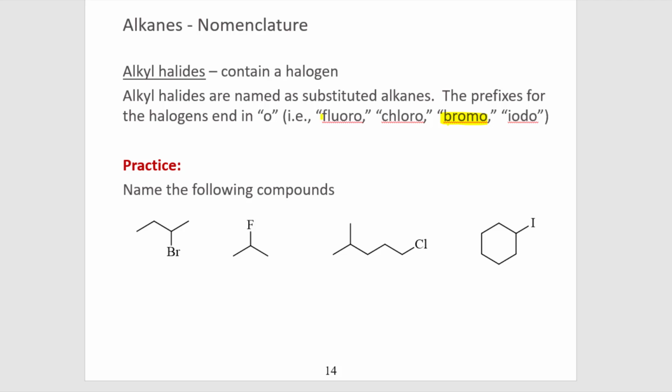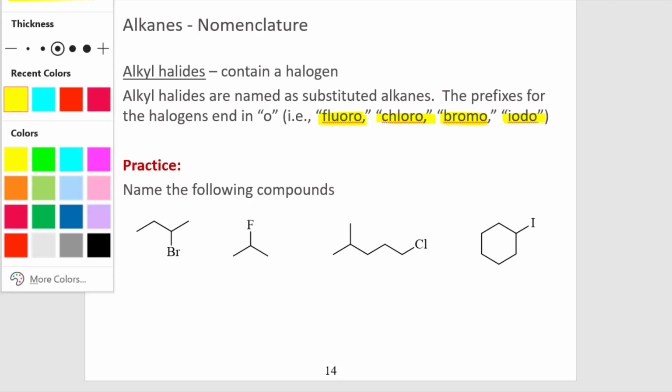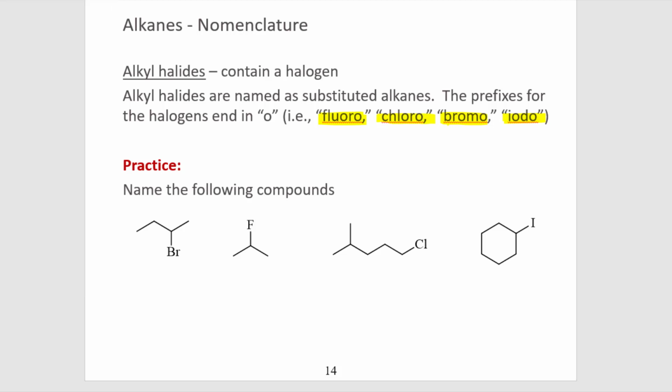If you have a fluorine, it's fluoro. If you have a chlorine, it's chloro. And if you have an iodine, it's iodo. So if we were to name the following molecules, as we get to new functional groups, we're just going to tack on an extra rule as it pertains to that functional group. So this will be the first and last functional group we do for a while.